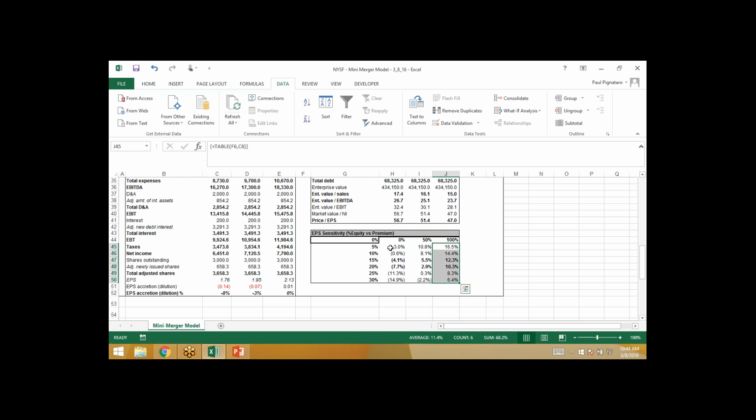What else? Very important: how do you know you're not overpaying or underpaying? Very simple, yet very important. If you're not overpaying for the company, how do you determine that?